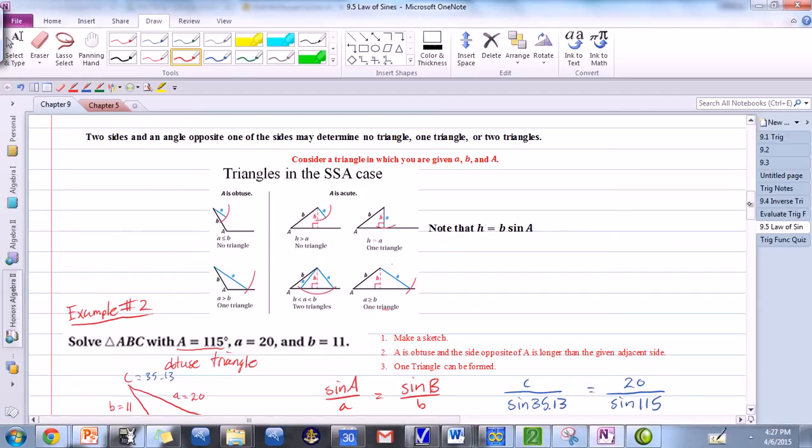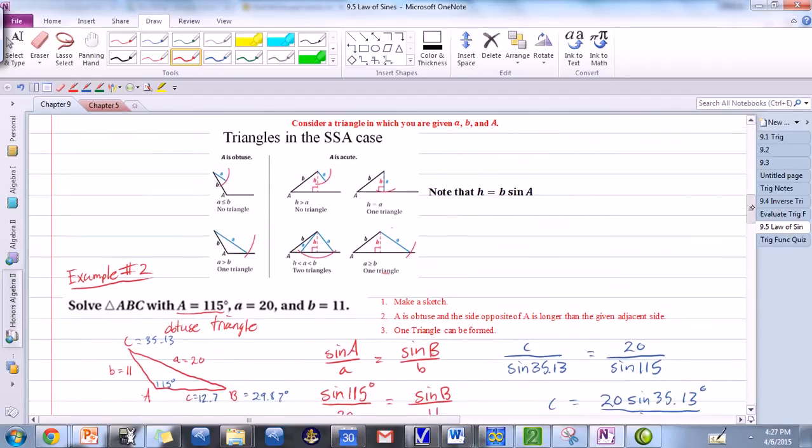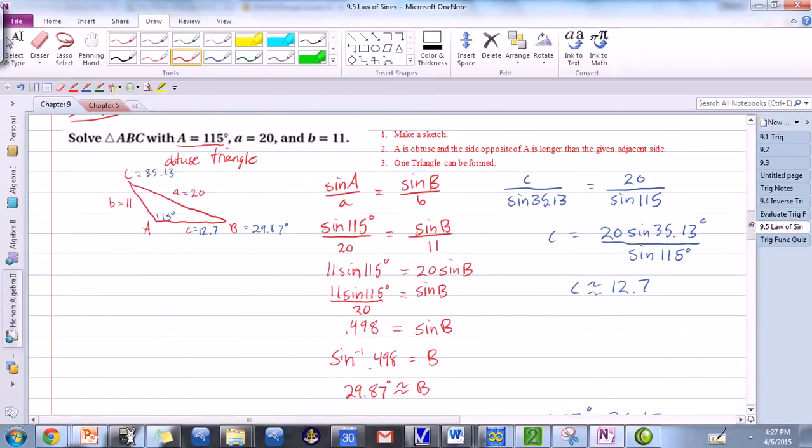We did the obtuse case, so let's talk about the acute case. We did this problem in class. With this problem, it kind of shows you what we needed to get where we needed. We have two sides, 20 and 11. And with all of that, we were able to find all the angles and all the sides.